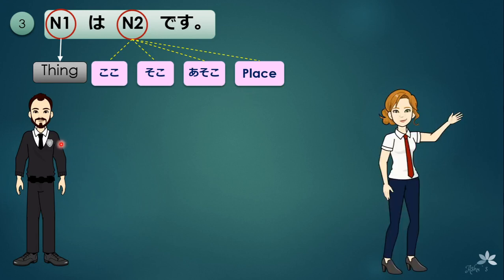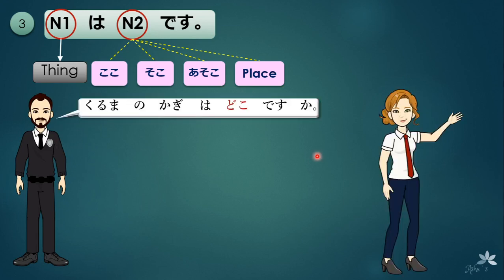Now he is asking, Kuruma no kagi wa doko desu ka? He's asking about a thing here. The subject of the sentence is kuruma no kagi, the car keys. Doko is where. Where are the car keys?